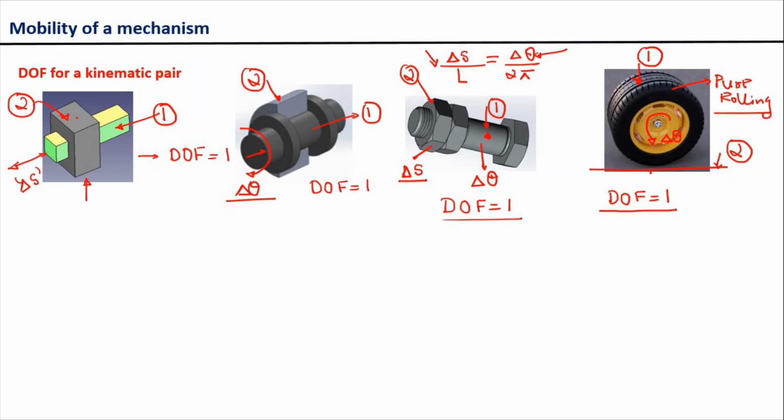That means in addition to the rotation delta theta, this wheel is also sliding with respect to link 2. So that means you again have a translatory coordinate delta s. That means this wheel is skidding relative to the flat surface. So in that case, you will say that the degree of freedom of this rolling pair is equal to 2.